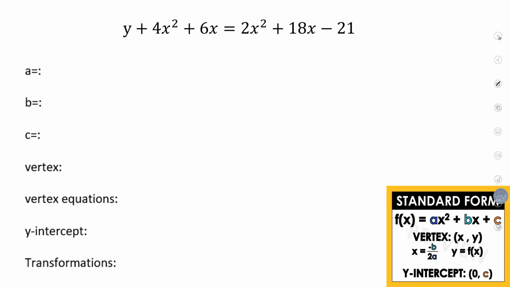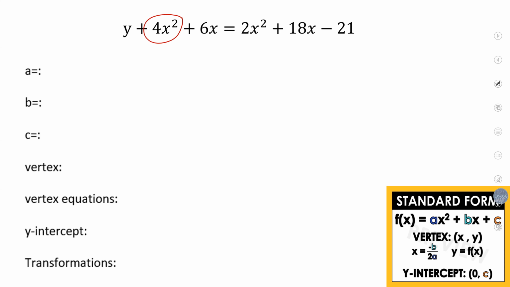Okay, so notice, is this in standard form? No, it looks terrible. Okay, so this is what we're gonna do. Everyone circle the 4x squared.